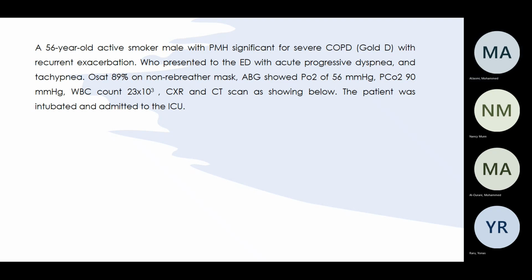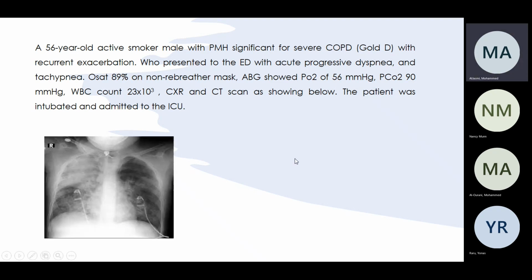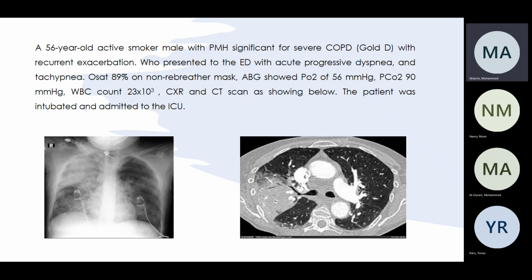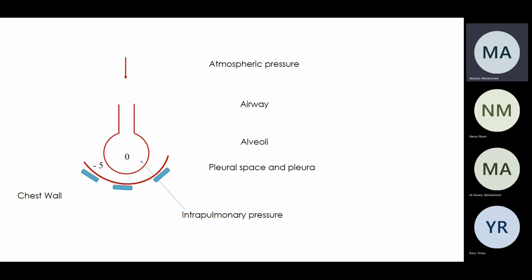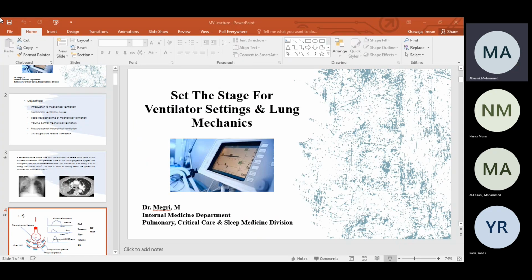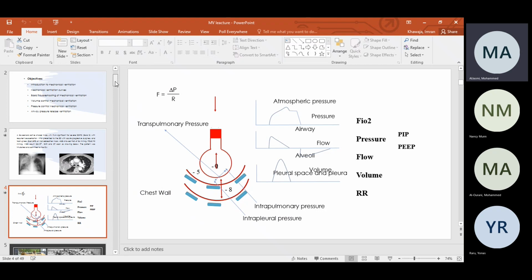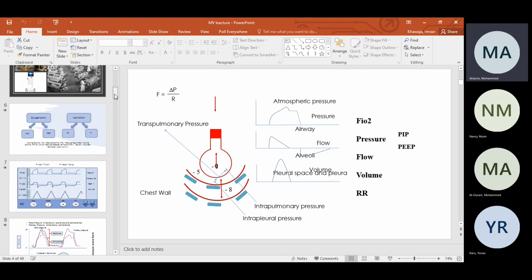We did a chest X-ray and found he has a right upper lobe infiltrate or airspace disease. CT scan showed the same. So the patient was put on mechanical ventilation. We talked about this in the first presentation, but we don't want to spend time on it.